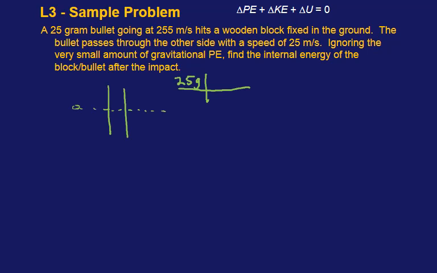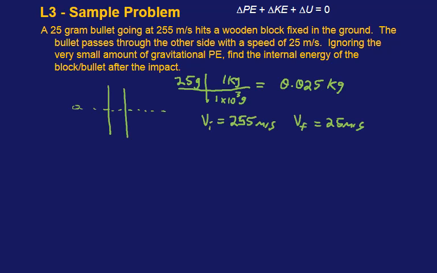All right, so we're going to need our mass in kilograms for this bullet. And if we evaluate the energy, you have a kinetic energy starting out at 255 meters per second. Then afterwards, that bullet continues on with 25 meters per second, but it slows down considerably. And because it slows down, that energy had to go somewhere, and that goes into increasing the internal energy of the system.